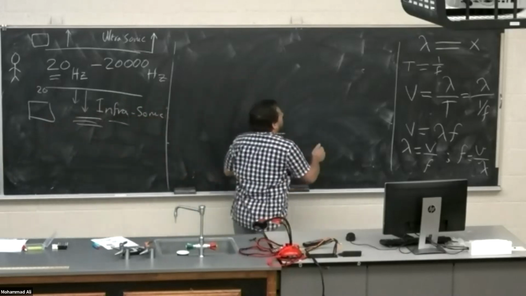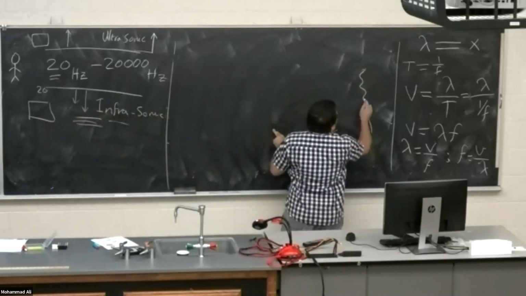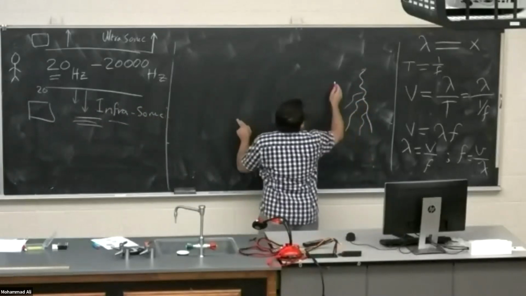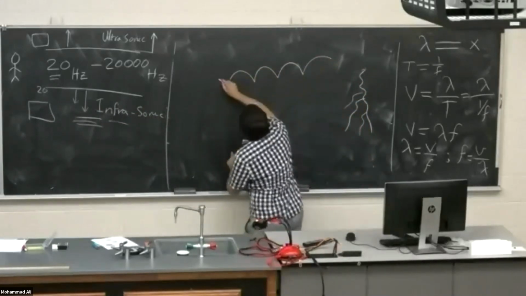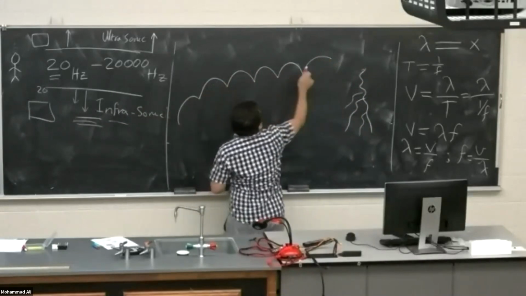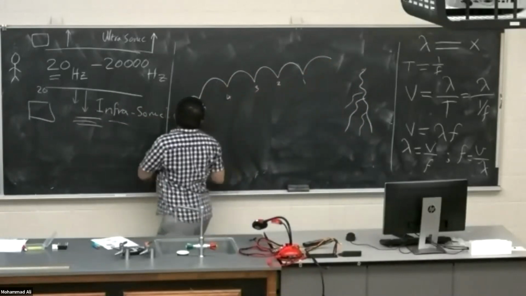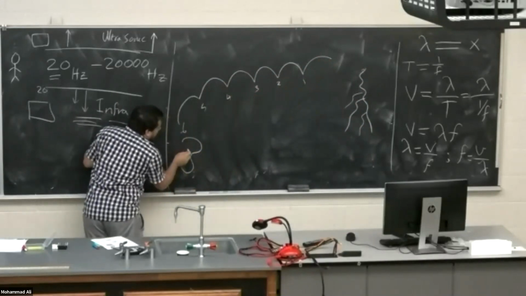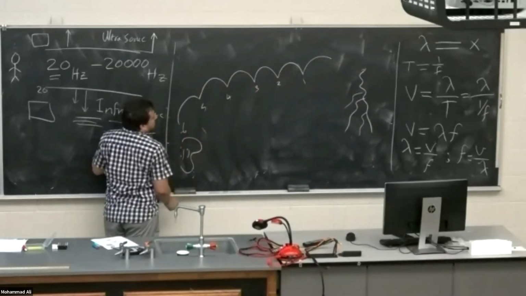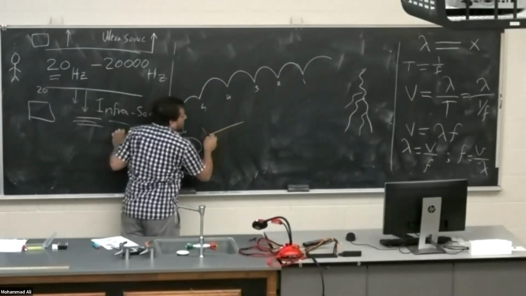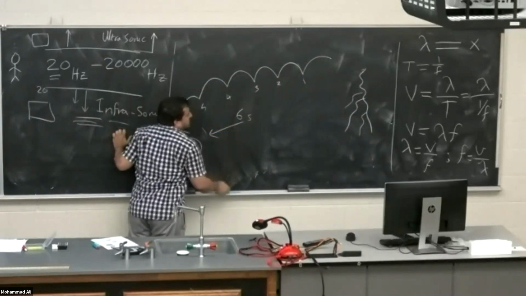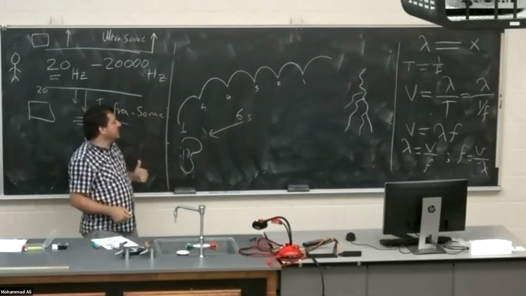For example, if we have the light and after 1, 2, 3, 4, 5, 6, you hear the sound. The sound needs 6 seconds because the light is very fast.